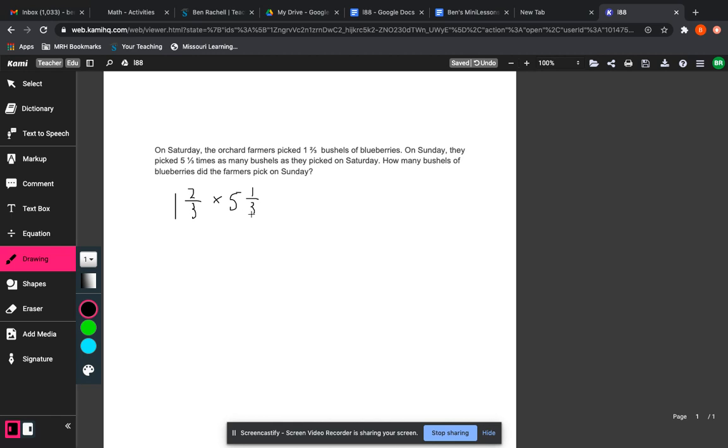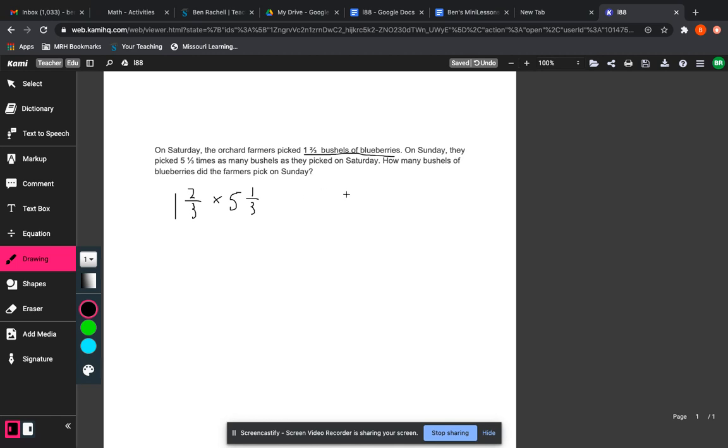Okay, so we're looking for how many bushels of blueberries the farmers picked on Sunday. And we know that they picked 1 2/3 bushels on Saturday. So obviously Sunday comes after Saturday. So we're starting with 1 2/3 bushels and we're picking 5 1/3 times as many on Sunday.